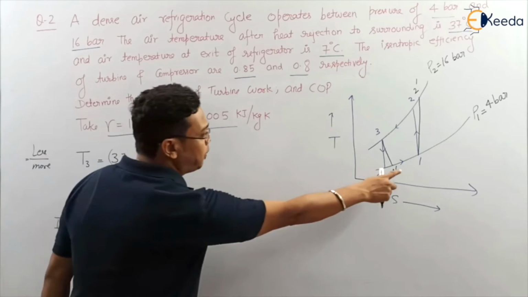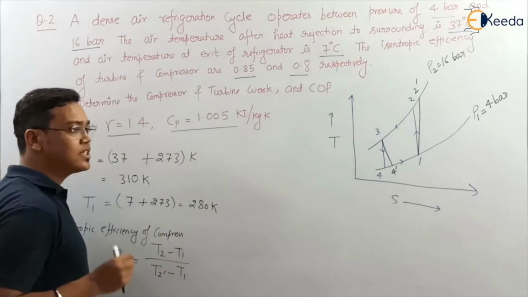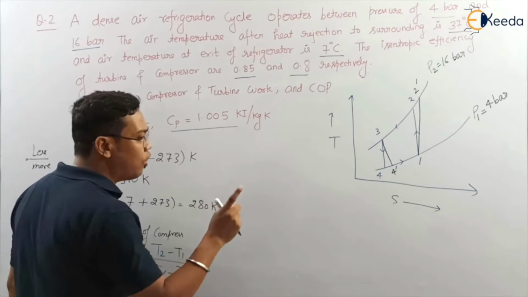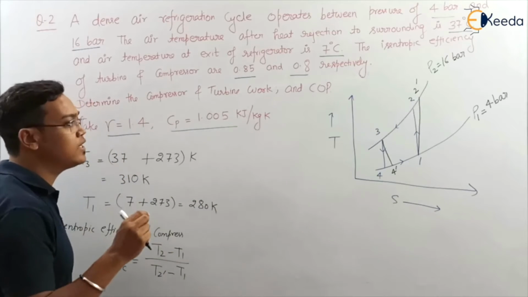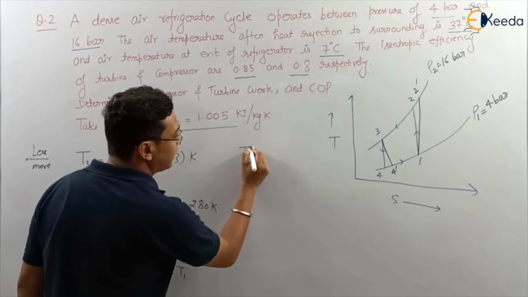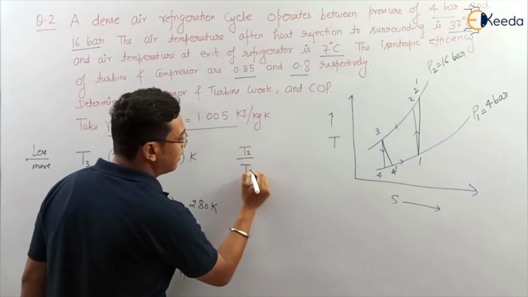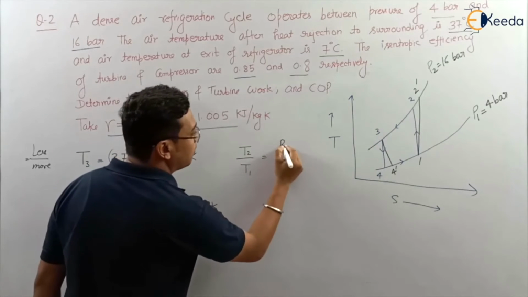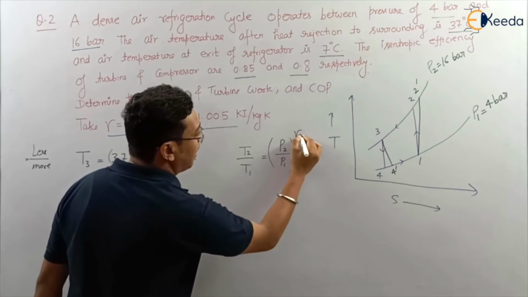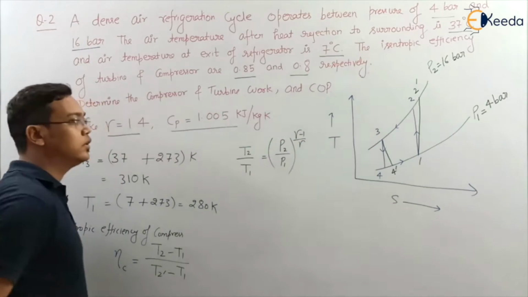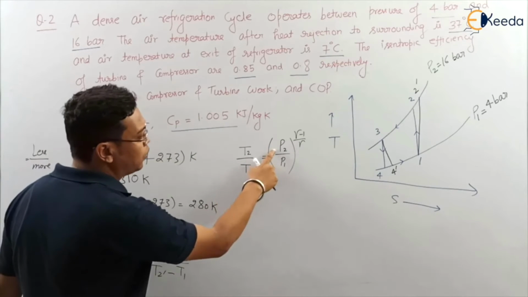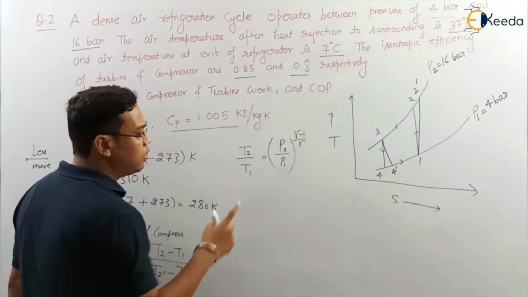Process 1 to 2 is a reversible adiabatic or isentropic process. For this process, you know the equation: T2 by T1 is equal to P2 by P1 to the power gamma minus 1 upon gamma. You can calculate T2 from here. T1 you know, P2 you know, P1 you know, gamma you know.